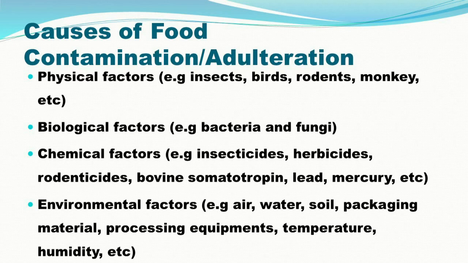The next one is environmental factor. These are things that come in contact with our food in our environment. Examples: air, water, soil, packaging material, processing equipment like in the bakery industry.